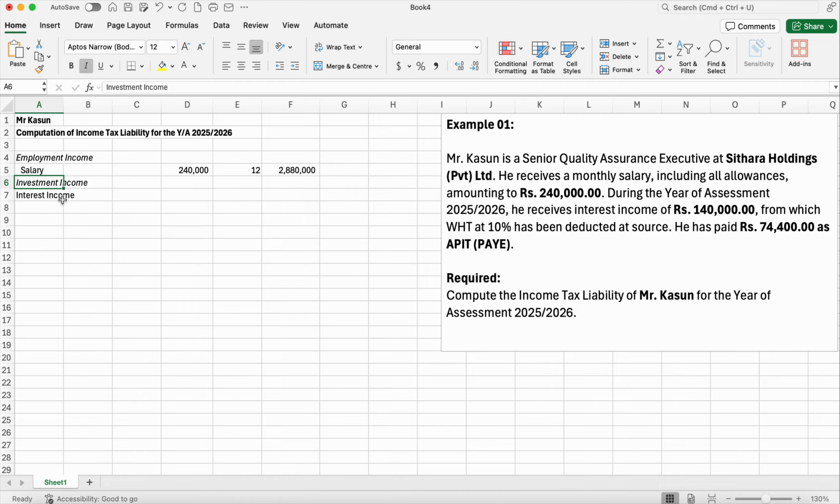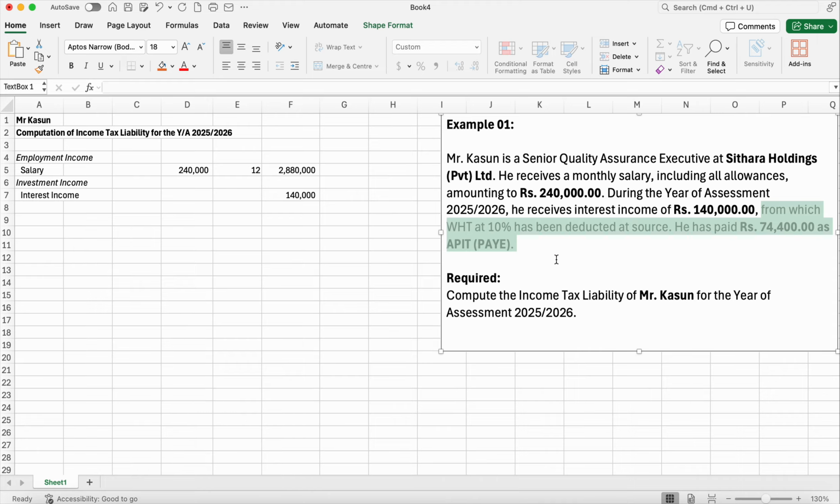Under investment income, he has interest income, so that was 140,000. That's it, no other income other than these.